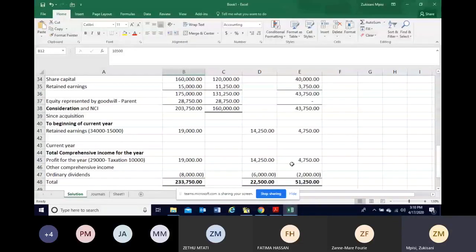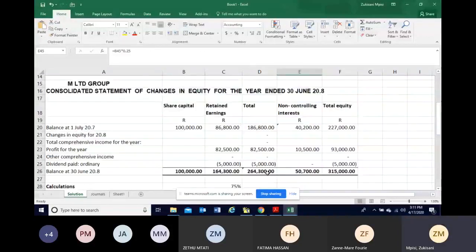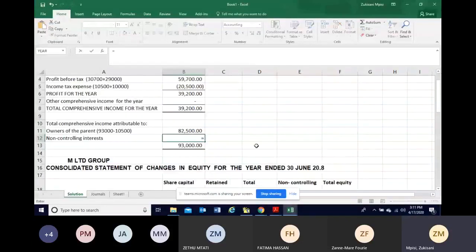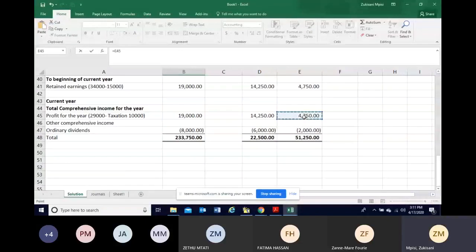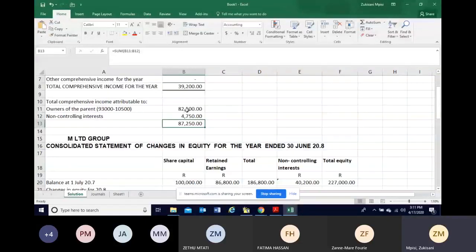It's going to be this 4,750, which is shared in the current year, this 47,050, and then your profit is going to be equal to 39,200 minus 47,050.